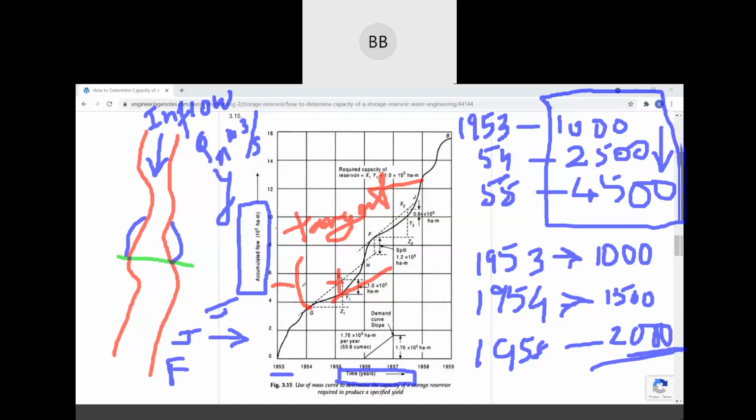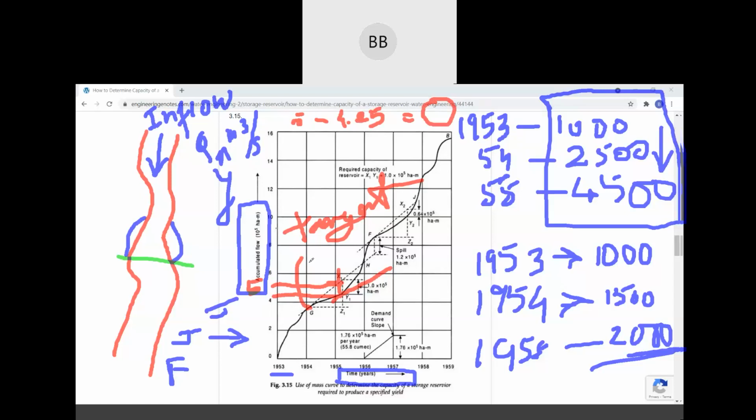So you have to find out what the value is for that particular point. Suppose 5, here 4, this is 6, suppose 5 years at that point. And then you have to find out the dry point. Suppose it's 4.25. So your capacity will be 5 minus 4.25, and that value is your reservoir capacity.